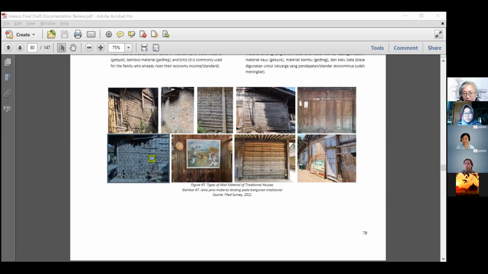Actually, we also have difficulties when we made a map, because the map from the Balai Konservasi and the map from the Ministry of Agraria and Spatial Planning is different. Although we have a one map policy, sometimes different institutions have their own map.